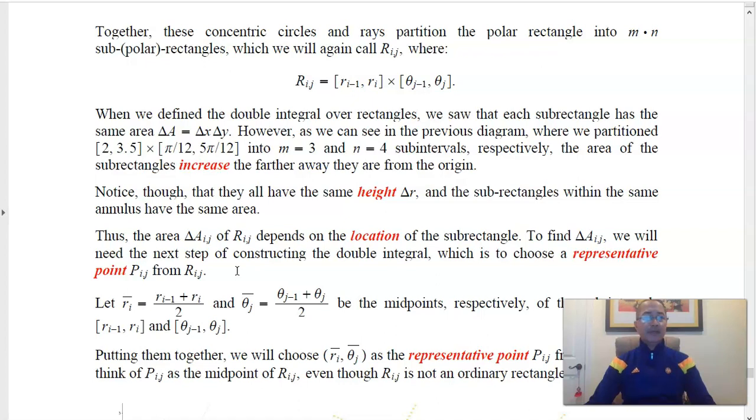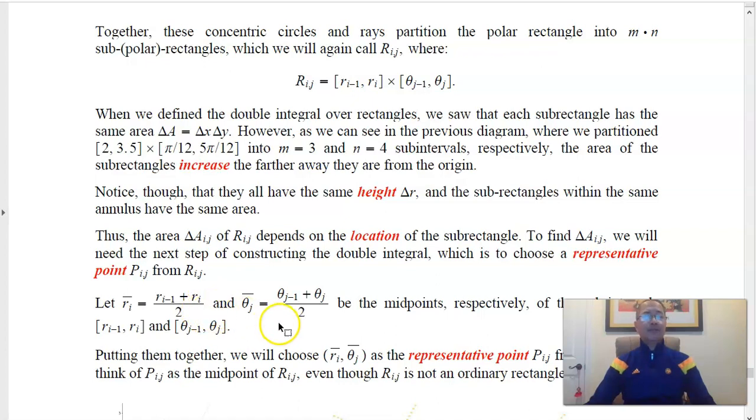So I believe that when you did your homework for approximating a double integral, we used the midpoint approximation, okay?